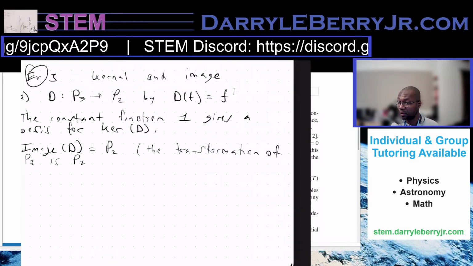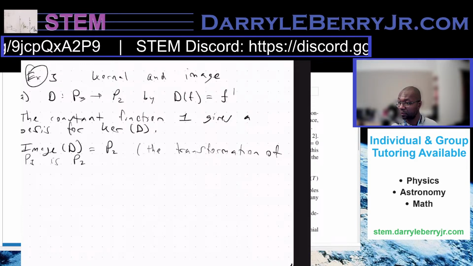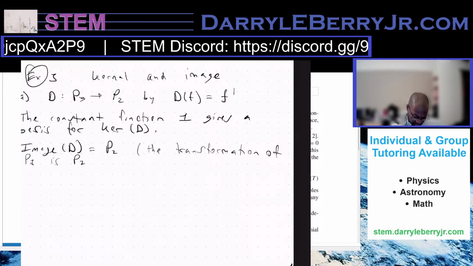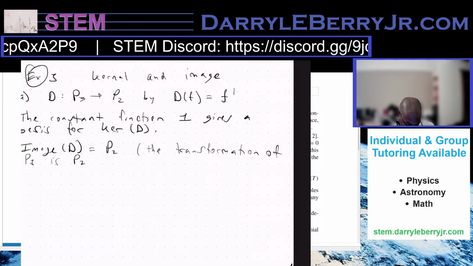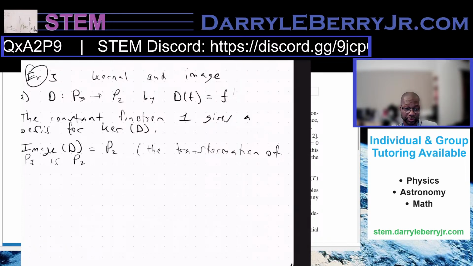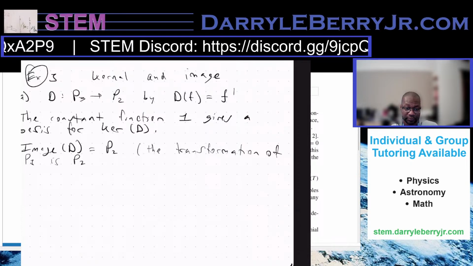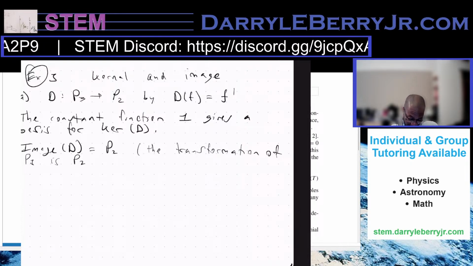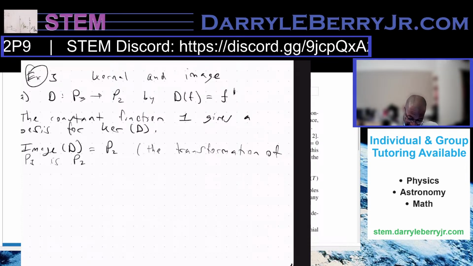Considering the function d, I'll take d to be a derivative, a differentiation map, P3 to P2, and d of f is f prime, and we know that we can do a prime to make a derivative.